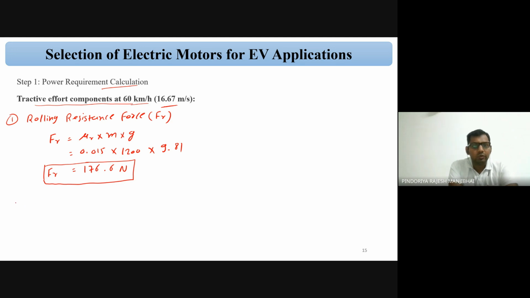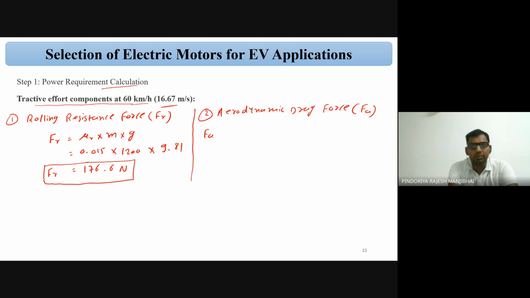The second parameter we have to consider is the aerodynamic drag force, FA.